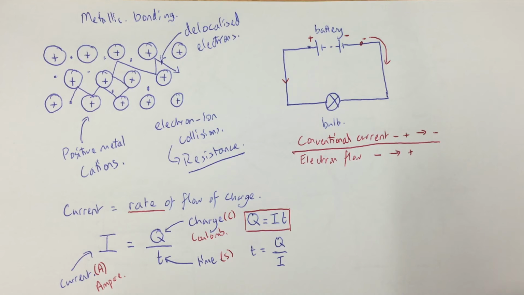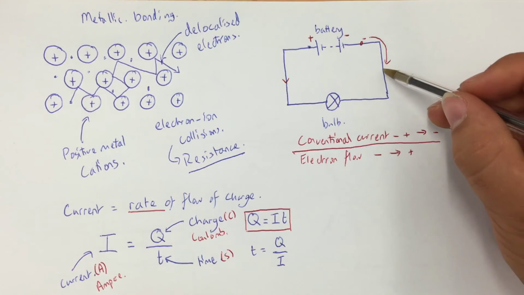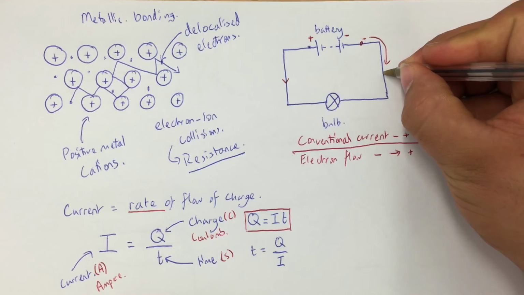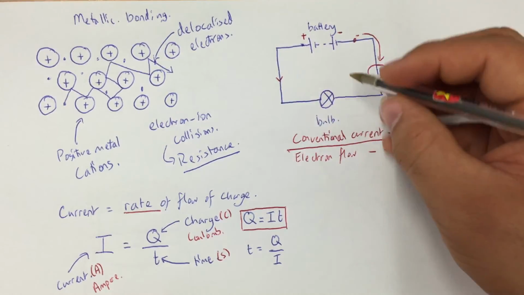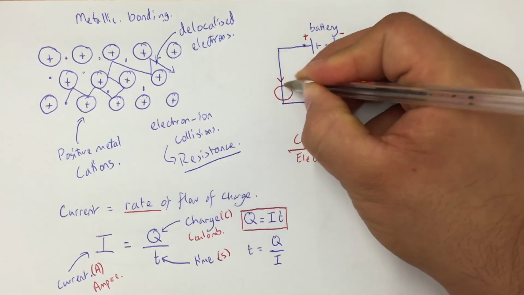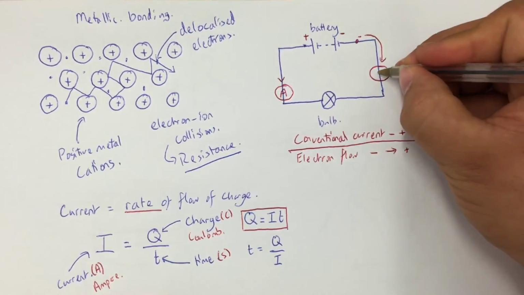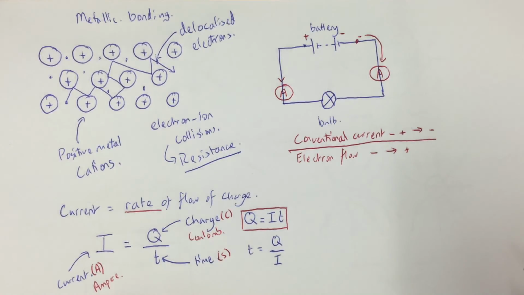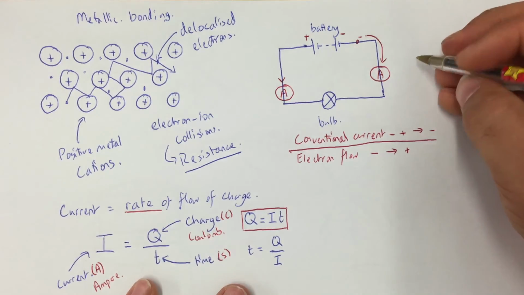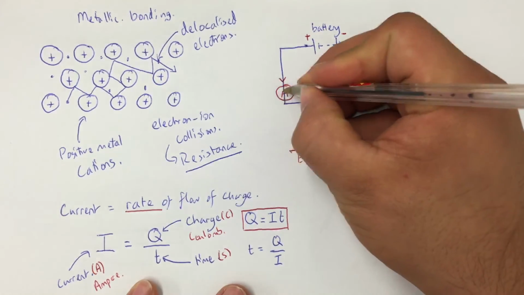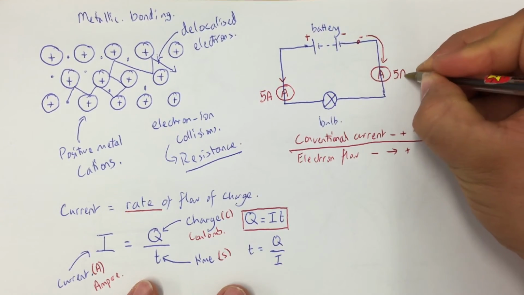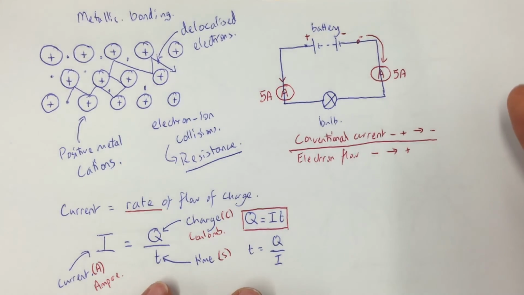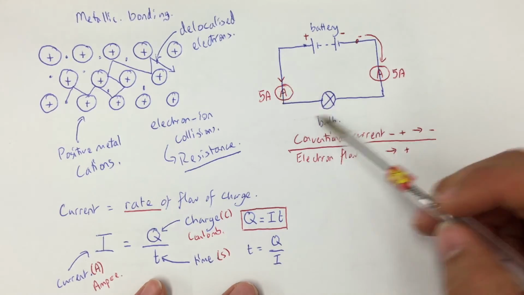One final thing to think about with current is the current at different points on the circuit. I could measure the current at this position before the bulb and after the bulb by putting in an ammeter. An ammeter is what we use to measure current. And what I would find is, let's say the current here was 5 amperes. The current over here after the bulb would be 5 amperes. It hasn't been used up.